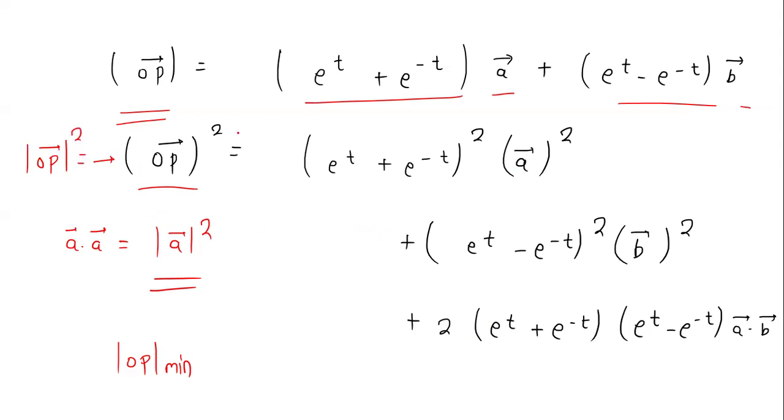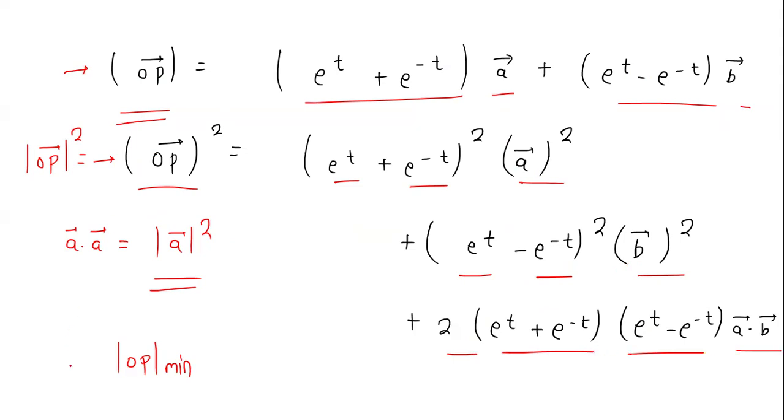If you multiply this vector by itself, you will get e power t plus e power minus t whole square multiplied by a vector whole square, plus e power t minus e power minus t whole square multiplied by b vector whole square, plus 2 times this factor and this factor multiplied by a vector dot product with b vector.